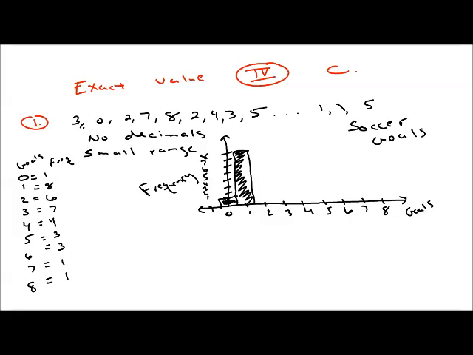Six twos. So here's 2, it's around 6, around 2. Seven threes. Four fours.